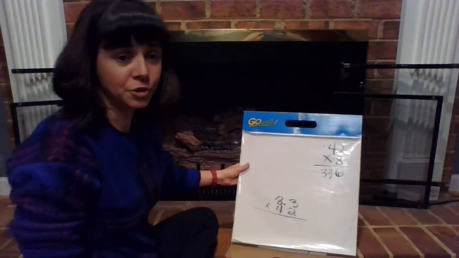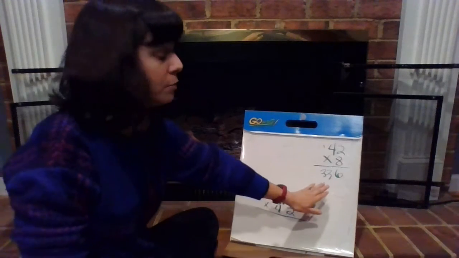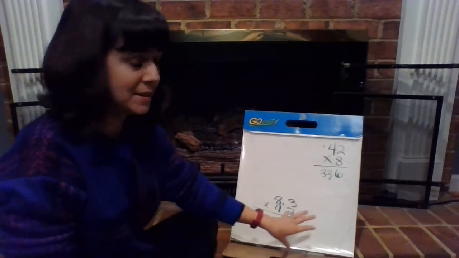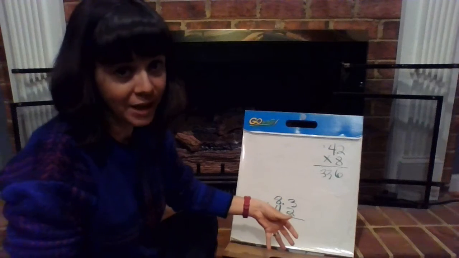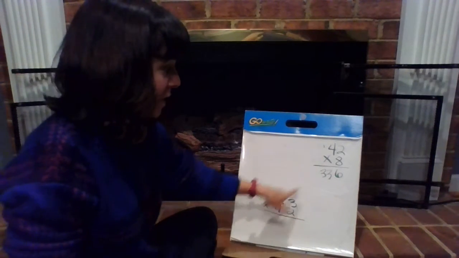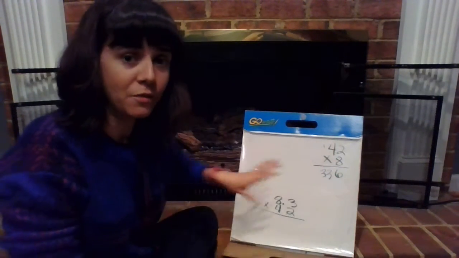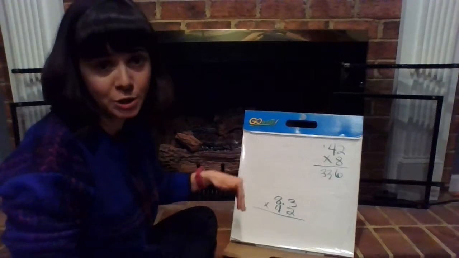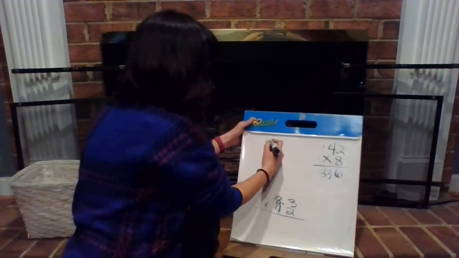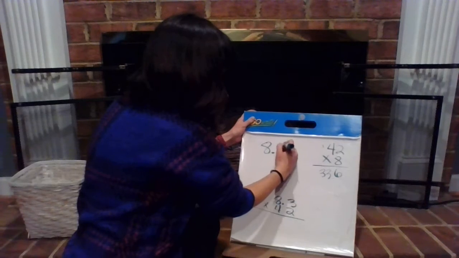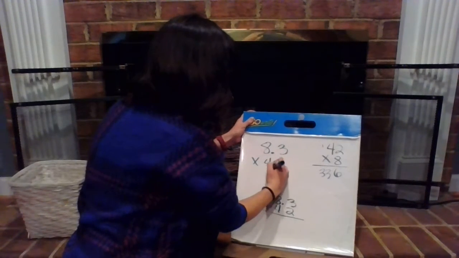So I know that my answer should be close to this. So if your original answer maybe had the right digits, but your decimal was in the wrong place, it's because maybe if you estimated, that would have helped you first, okay? It's because you just placed the decimal wrong. So my actual problem is 8 3/10 times 42.